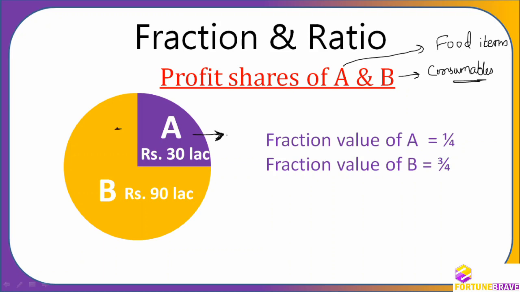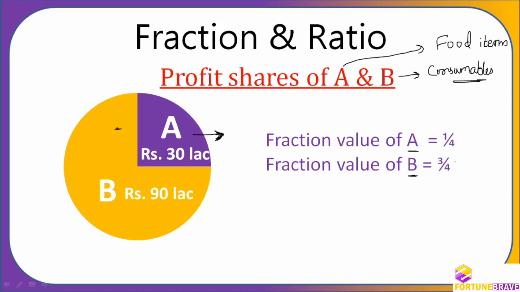The fractional value of A is 1/4. Because we have understood fraction as a circle or a pizza, 1/4 of the pizza is contributed by vertical A, and 3/4 is contributed by B.